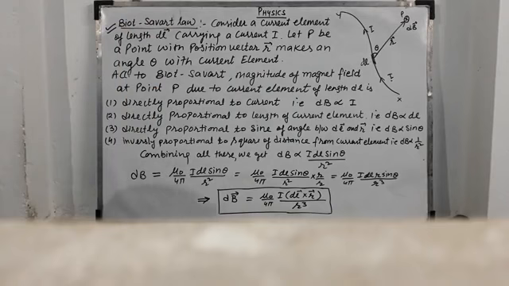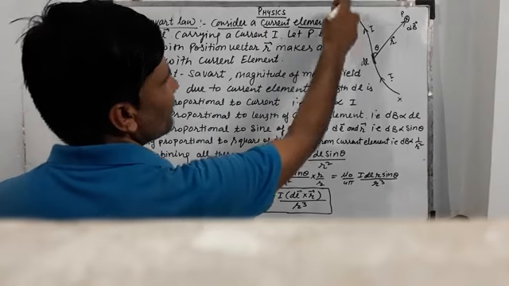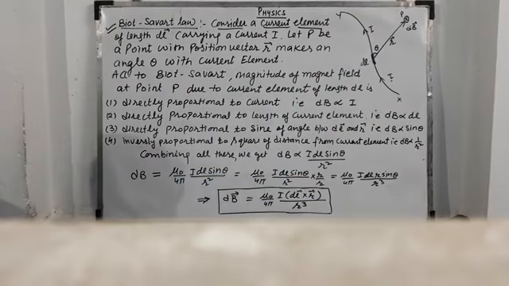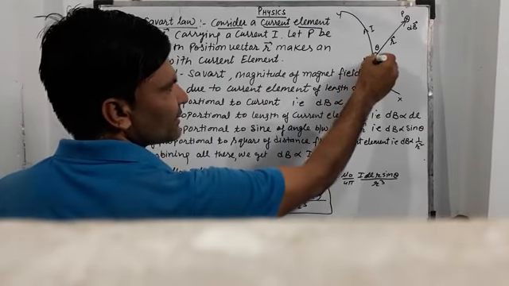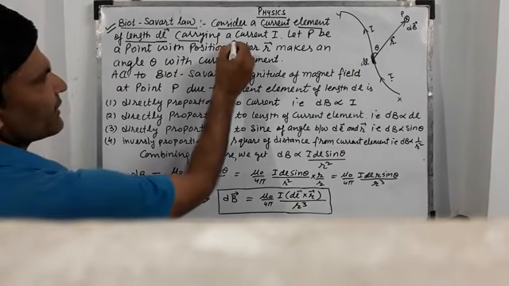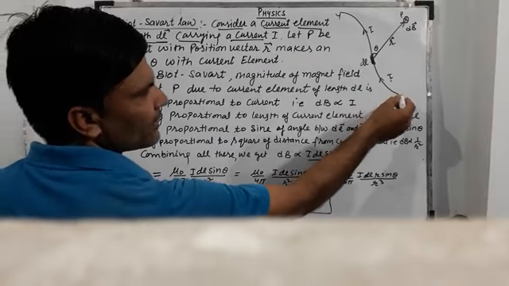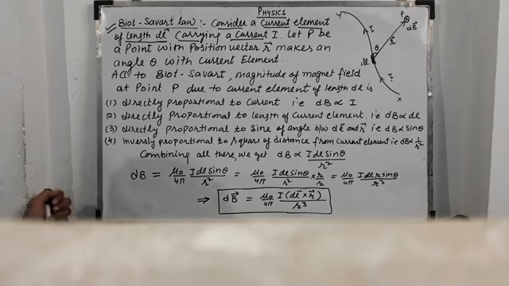Biot-Savart law. For this, consider a current element of length dl, carrying a current I. The current I is flowing from x to y.